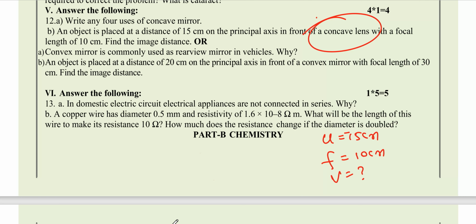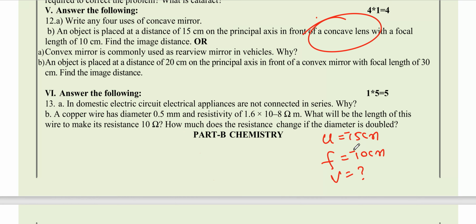Concave lens, correct. Object is placed at a distance of 15 centimeter, that is negative, on the principal axis, concave lens. Concave lens में F क्या होता है? Negative or positive? Negative. F is also negative, correct. Find the image distance V.